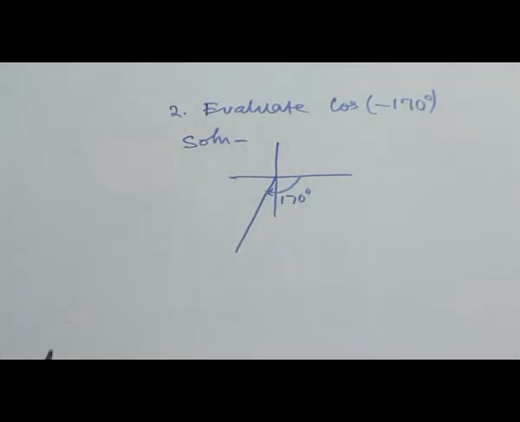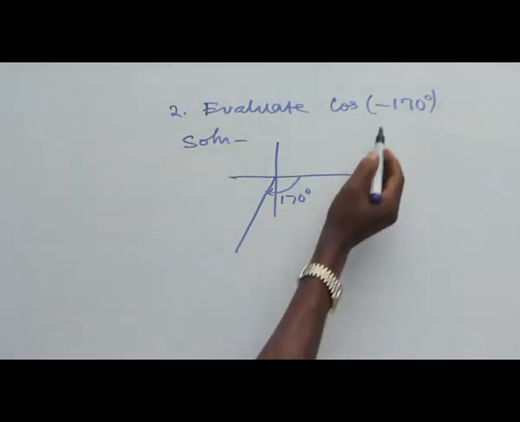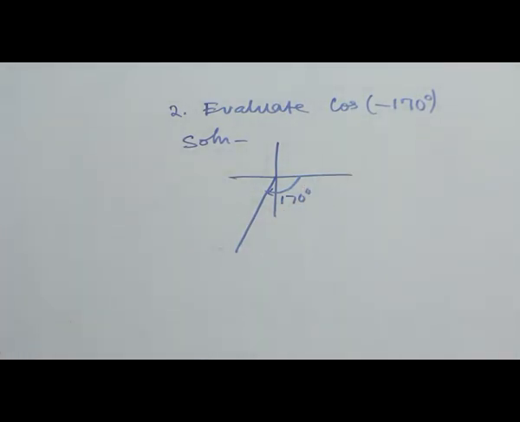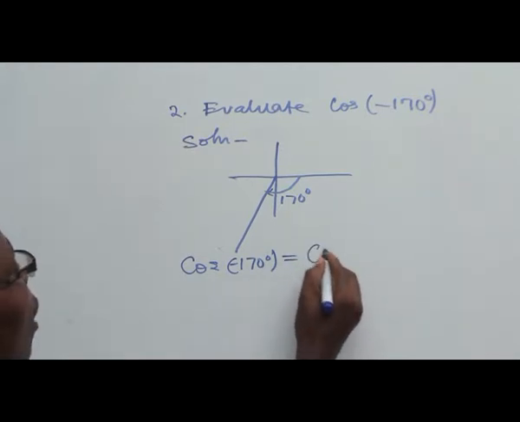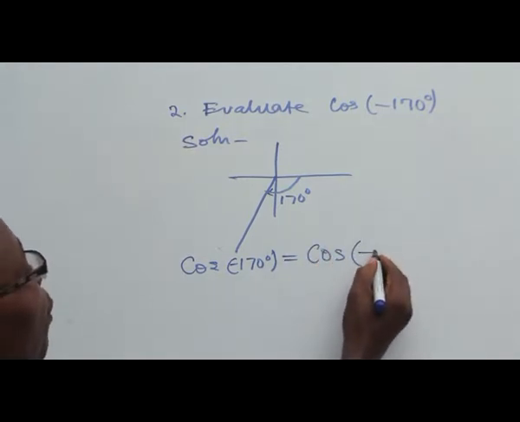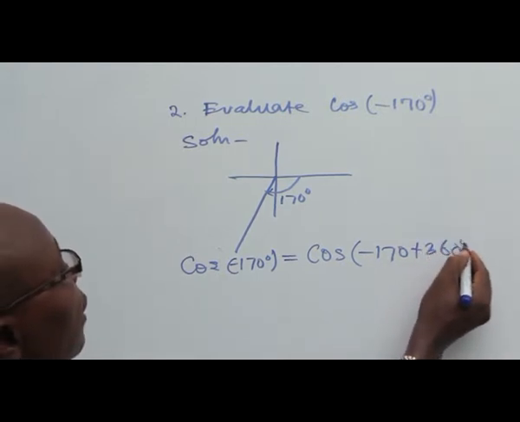All we need to do now is to find where the quadrant lies. If it is negative, all you need to do is to convert it to its positive equivalent by simply writing cos minus 170 degrees will be equal to cos of minus 170 plus 360 degrees.